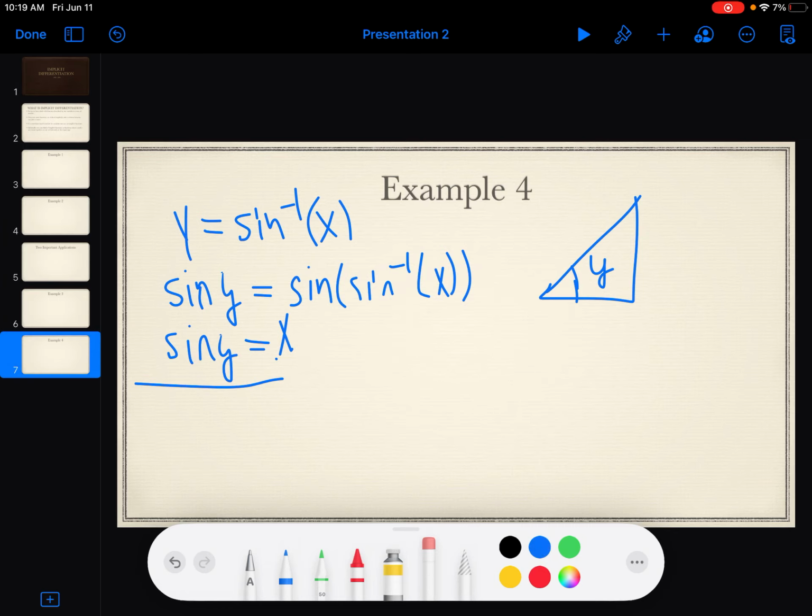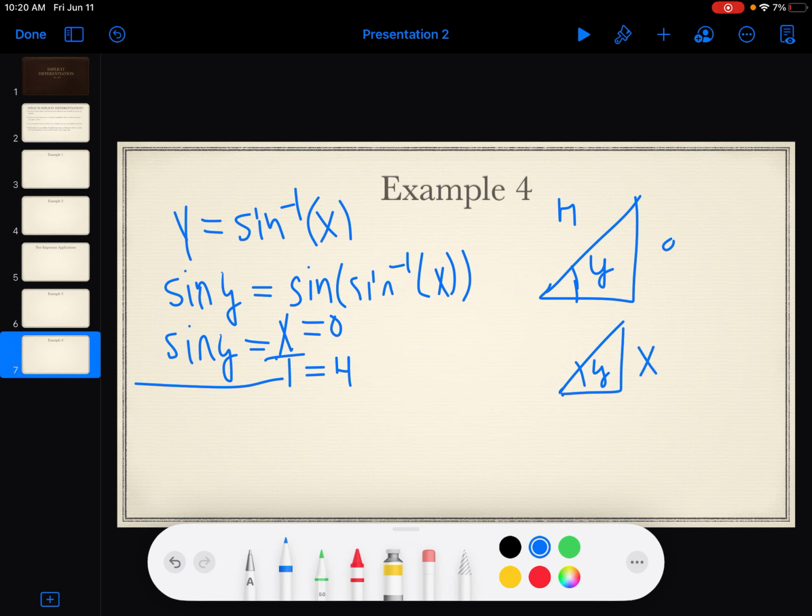Actually, I'm going to write that like this. I can just say this is x divided by 1. And sine is the relationship between the opposite side and the hypotenuse. So I can see this is my opposite side and this is my hypotenuse. So let me tweak this triangle. This is y.